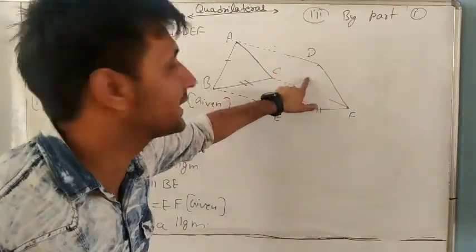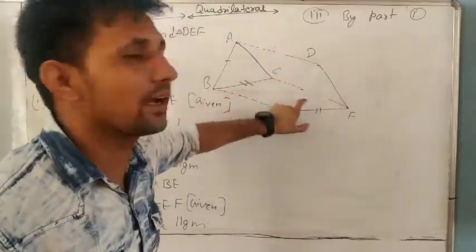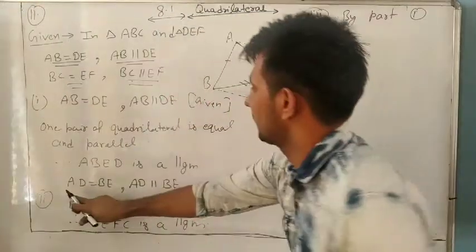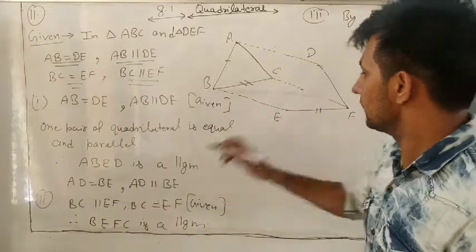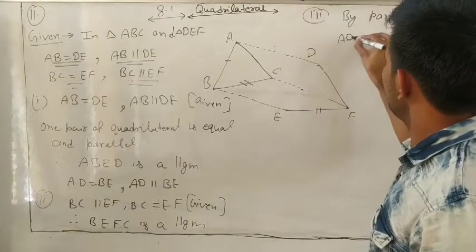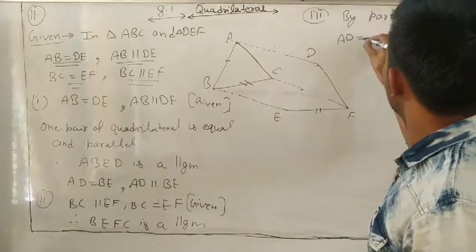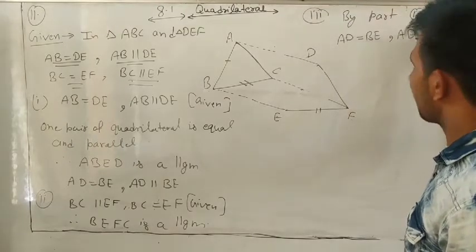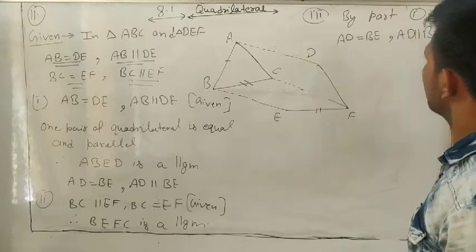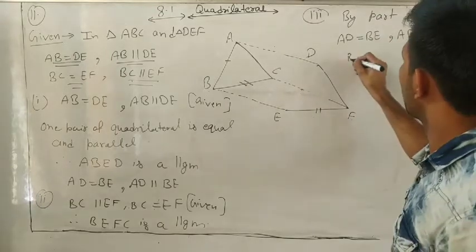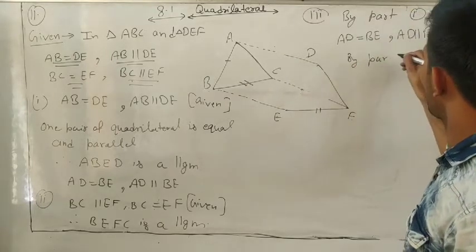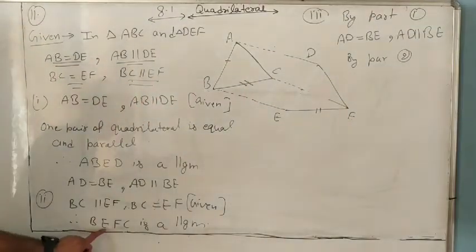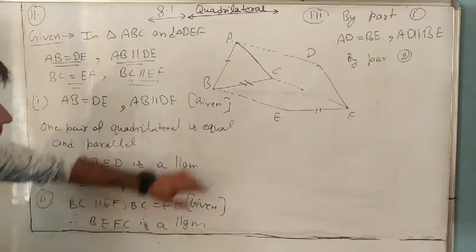In a parallelogram, how can we say that? If AD and CF are equal and parallel. So in the first part, AD equal to BE and AD parallel to BE. It is given in the first part. Now by part 2, tell me, in part 2 BEFC is a parallelogram.